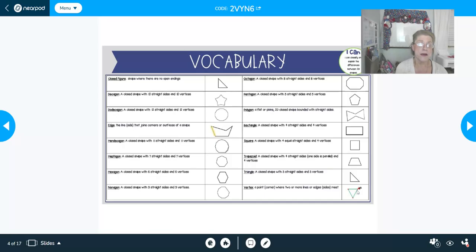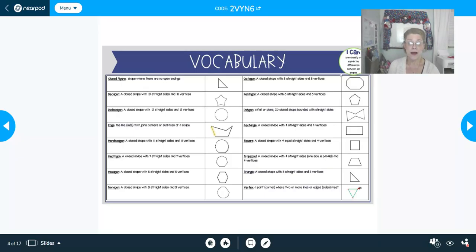So if you look right here, I know it's kind of small because I had to fit everything in, but where that red dot is, and then you have these 2 green lines meeting, that's a vertex because that's where the point is. So where 2 lines of the triangle meet, that is one vertex.